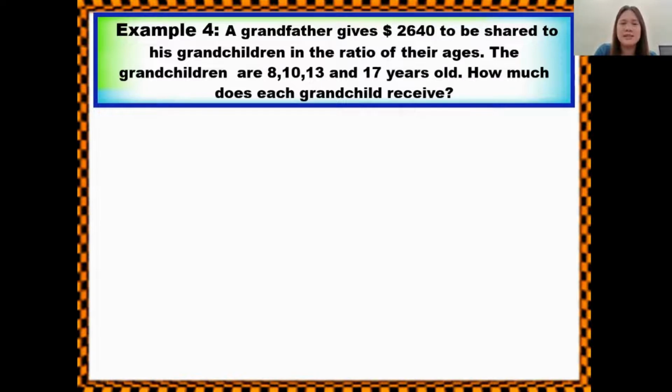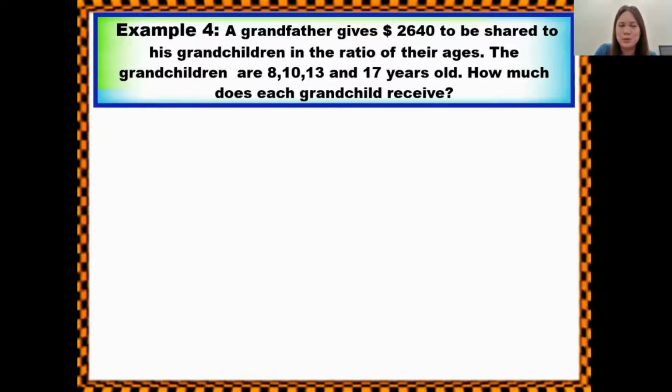So how much does each grandchild receive? So again, the grandfather will share 2,640 to his grandchildren in the ratio of their ages. And the ages are given, 8, 10, 13, and 17.